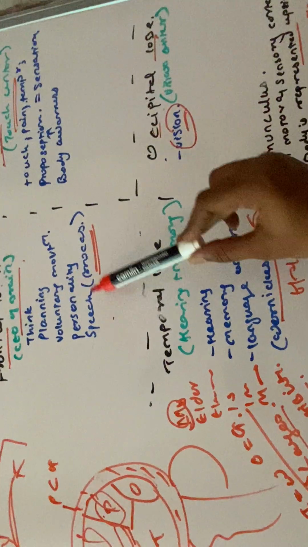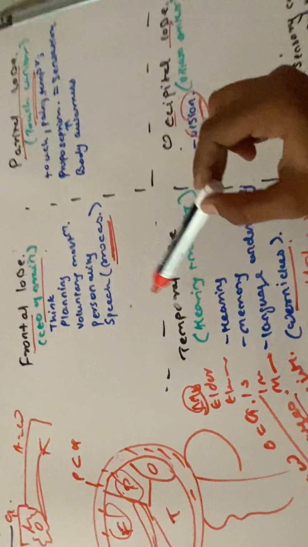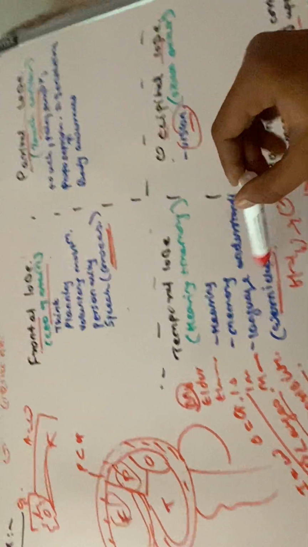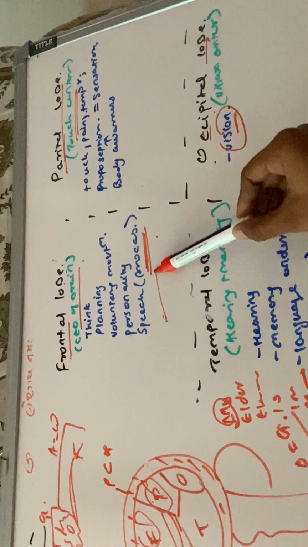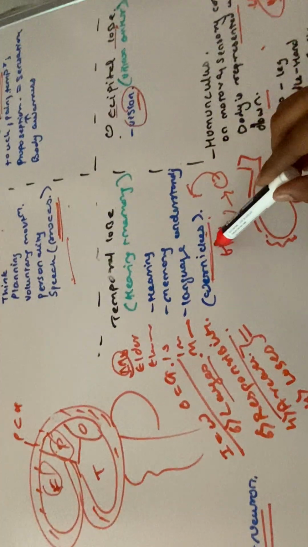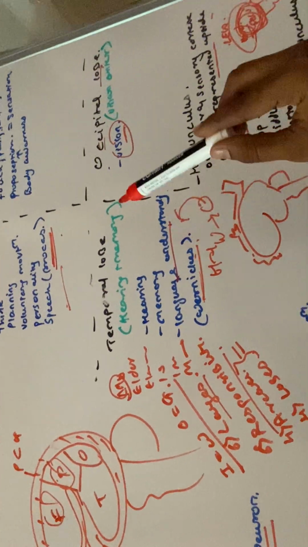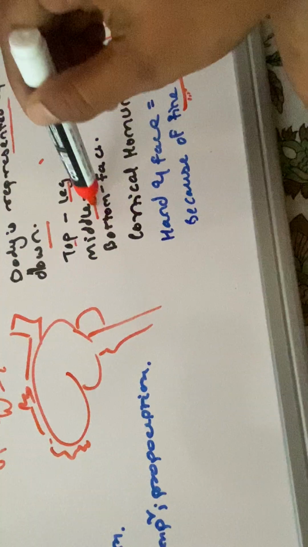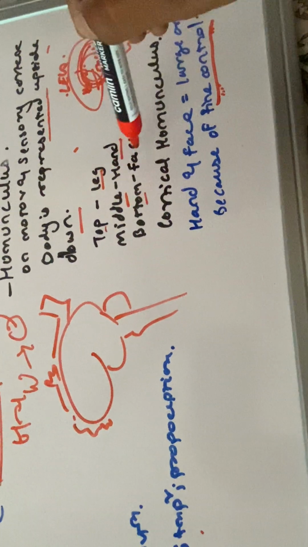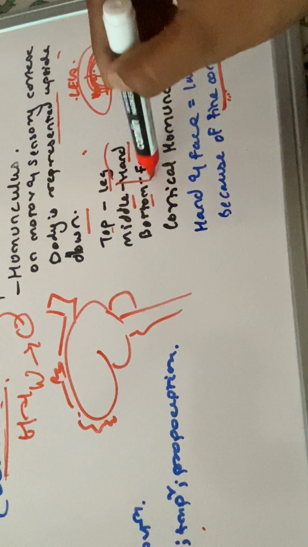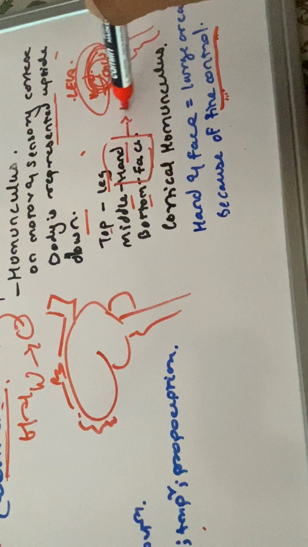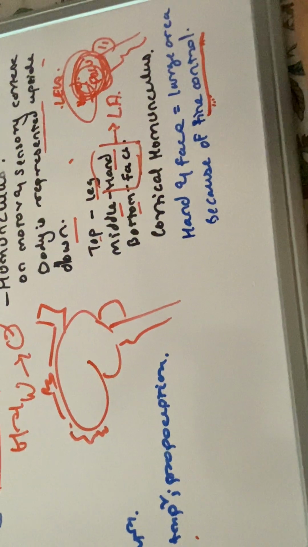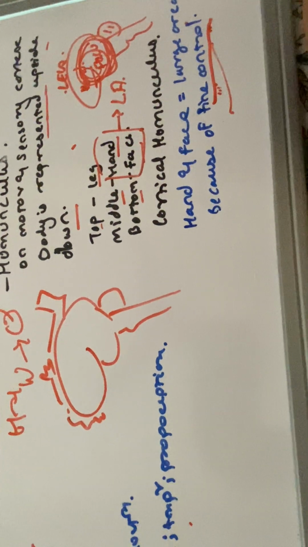So frontal has Broca's area, temporal has Wernicke's area. Broca's is related to speech, Wernicke's is related to language understanding. Then we have seen the homunculus, where top is leg, middle is hand, bottom is face. Face and hand have large area as they have fine control.